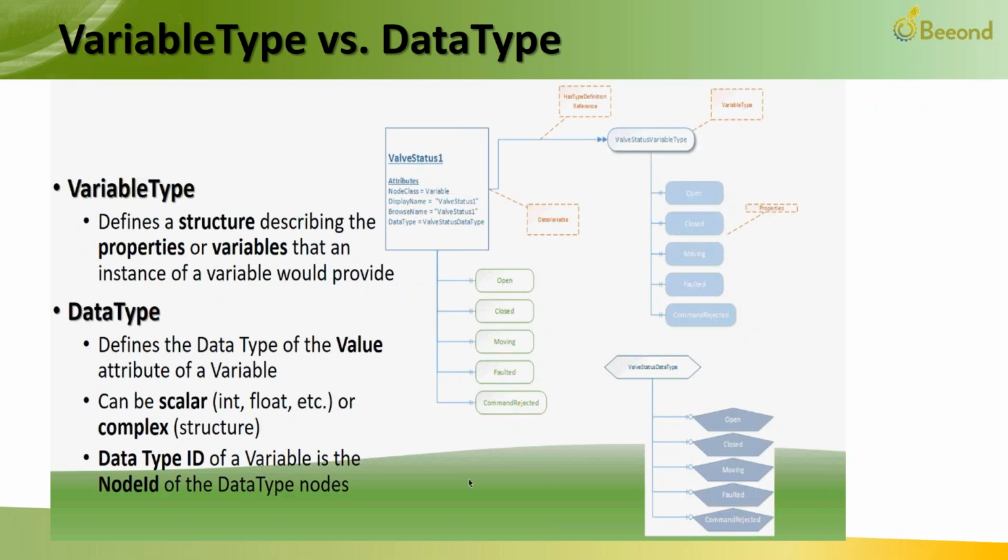So the data type is possibly one level of abstraction up from a variable. And the data type can be an array, not just a scalar. It can be a structure, as we said, and it also can be used in a variable that can instantiate that through a data type ID, which is basically the node ID of the data type that the variable might use.